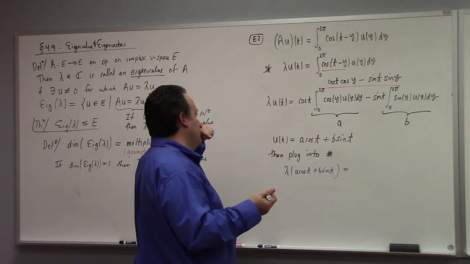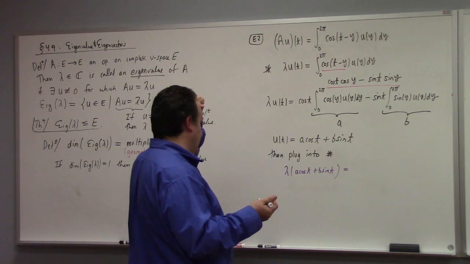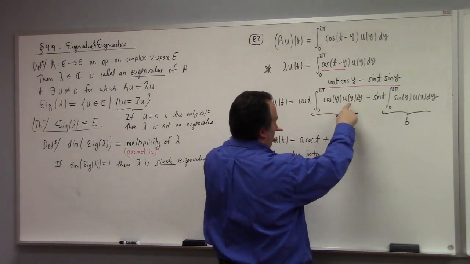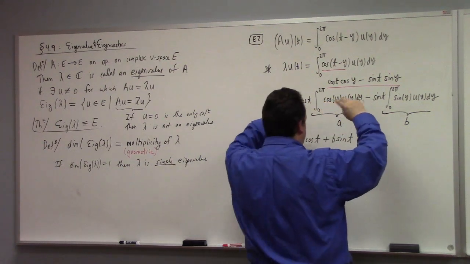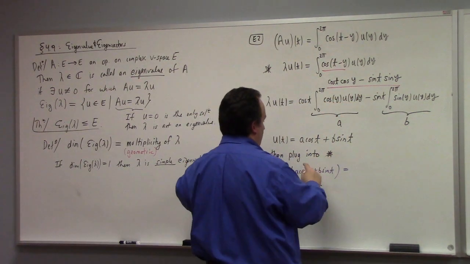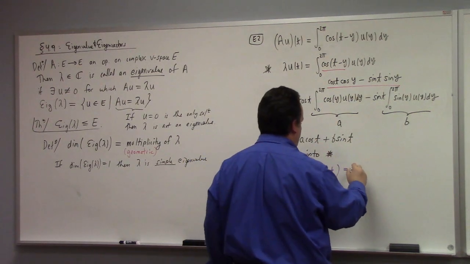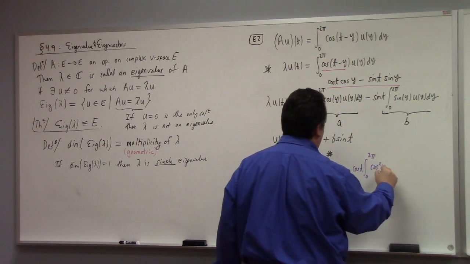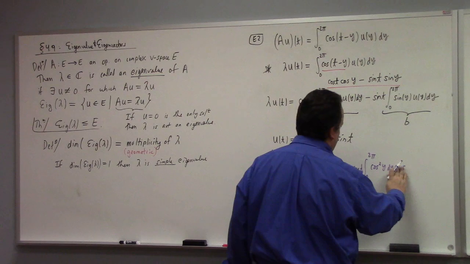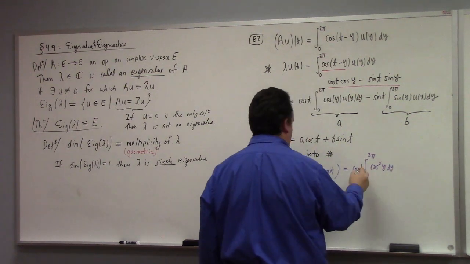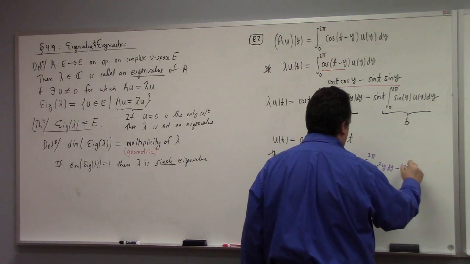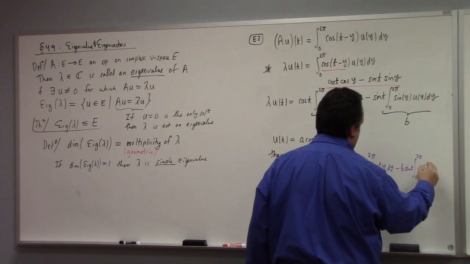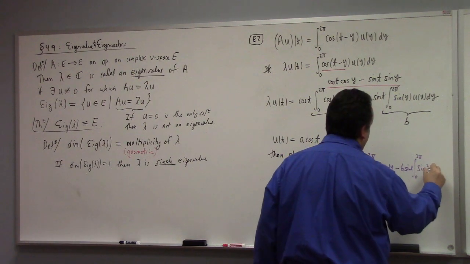And so, all right, let me sort through it here. If I plug this into here, the cosine sine term integrates to 0. So you just get the cosine term: cosine t times the integral from 0 to 2 pi of A cosine squared y dy, minus B sine t times the integral from 0 to 2 pi of sine squared y dy.